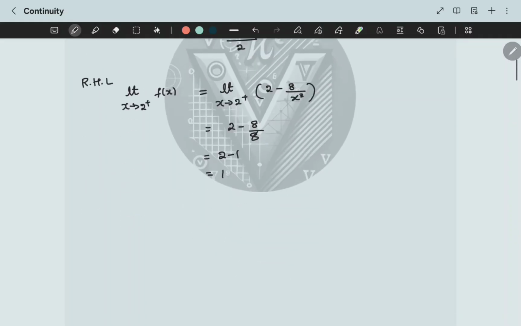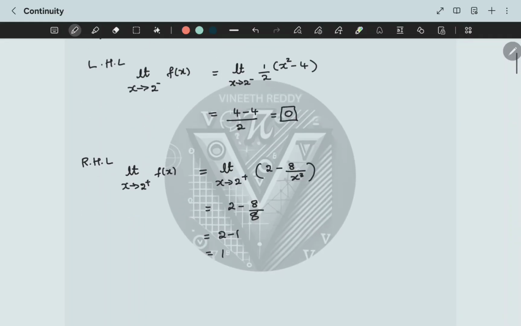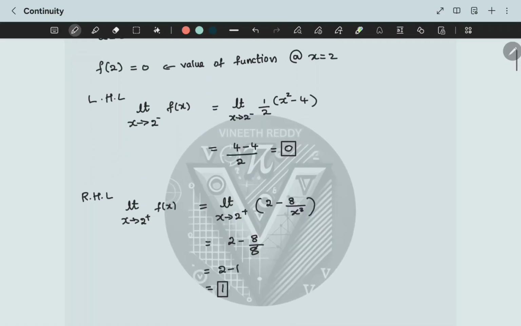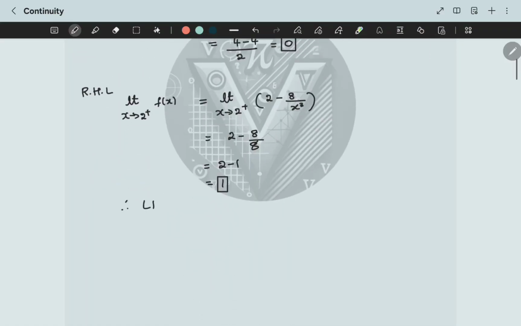Now left hand limit is 0, right? And right hand limit is 1, right? So therefore LHL, left hand limit, is not equal to RHL. Thereby we can say limit x approaches 2 f of x does not exist.